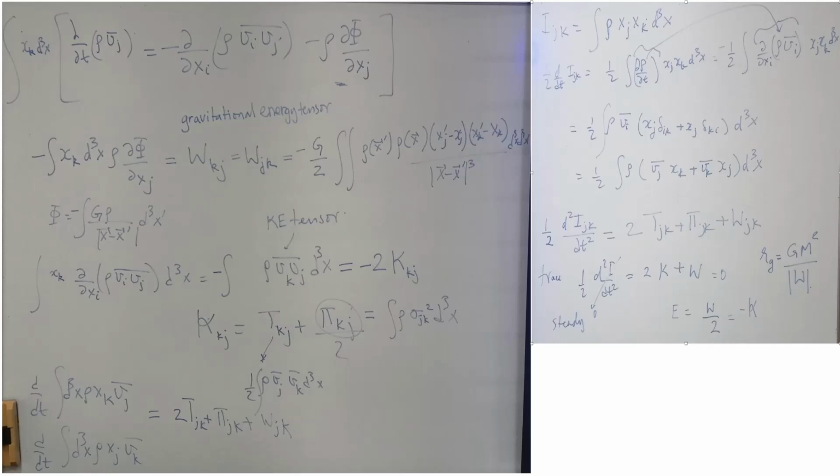I'm just writing the Jeans equation the way we derived it: rho Vi Vj bar minus rho dou phi dou xj. So this is my Jeans equation. What I want to do is multiply by xk and integrate d3x. So I am integrating my Jeans equation over the whole volume, but with the factor xk. So I will actually have a vector equation.